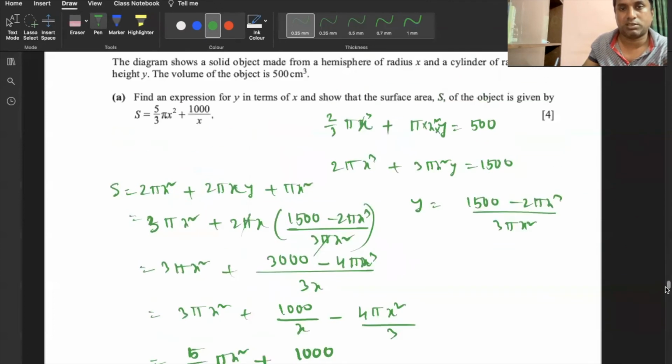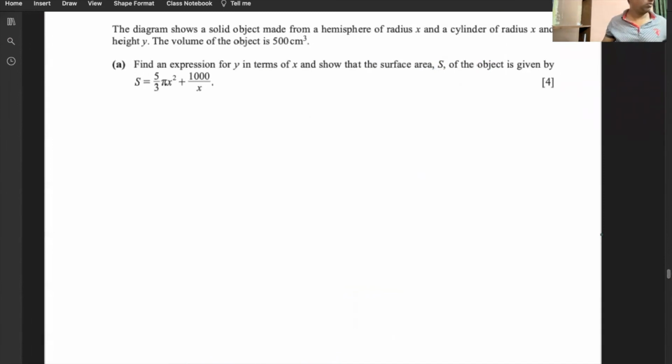Okay. Now the thing is that s equals 5 by 3 pi x square.